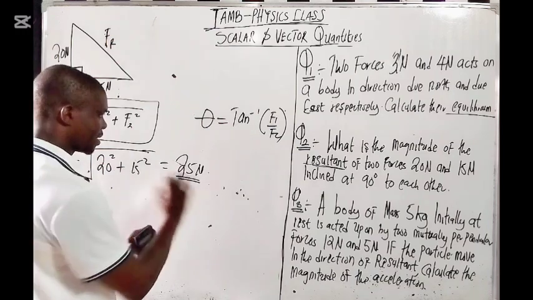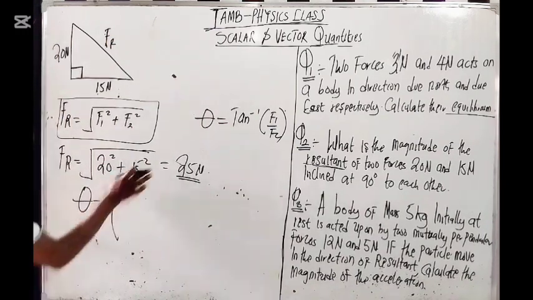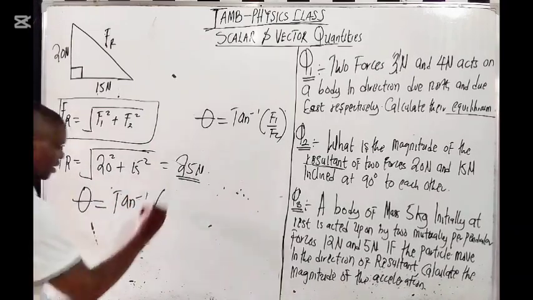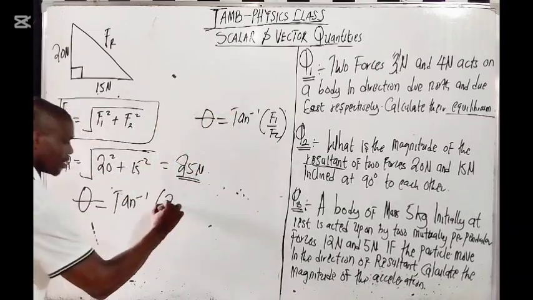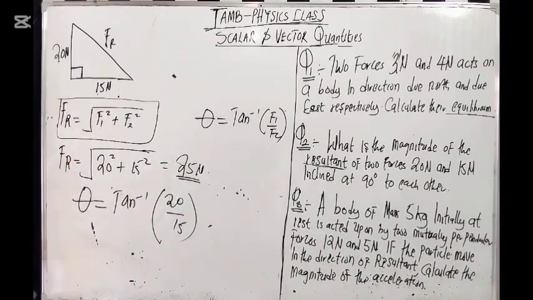The direction is very easy. It's going to be theta equals tan inverse of F1 over F2. F1 is 20 and F2 is 15, right?